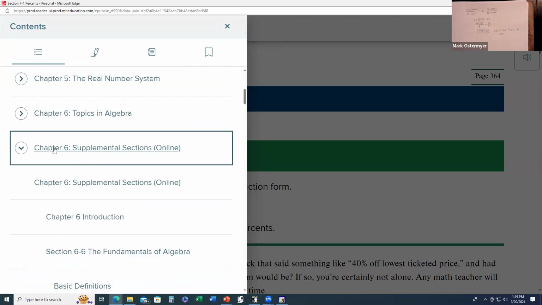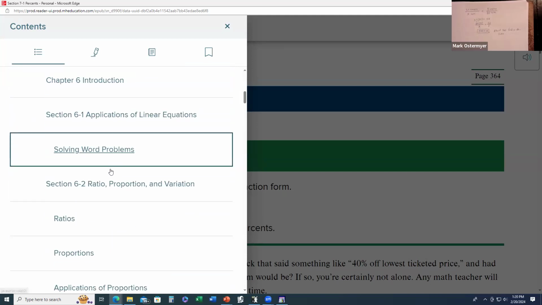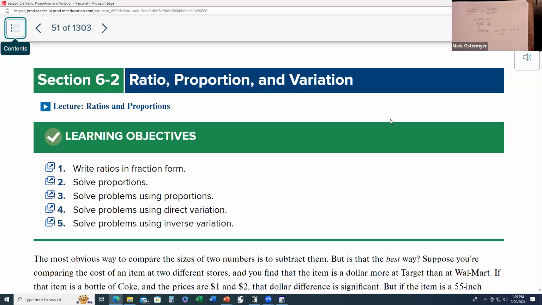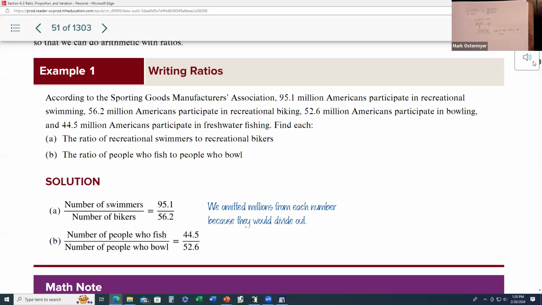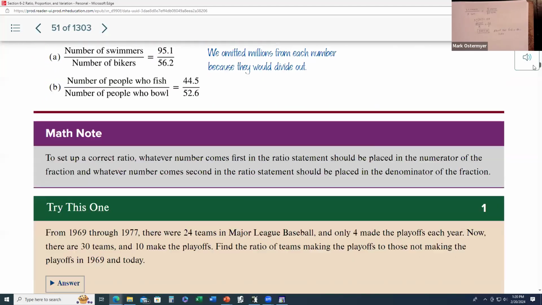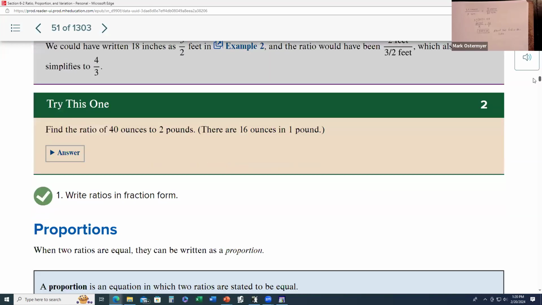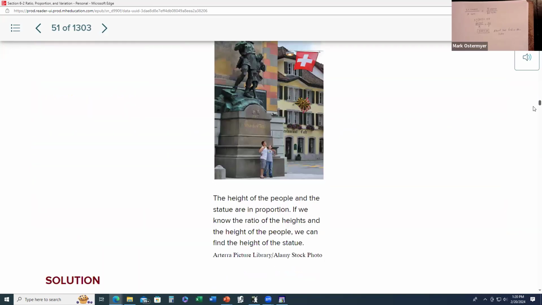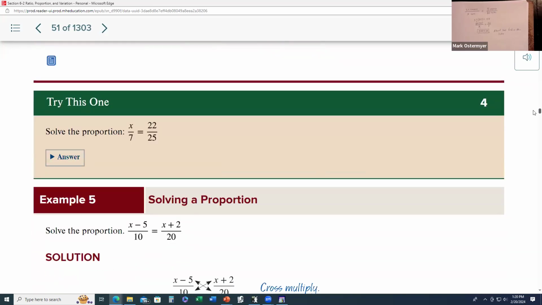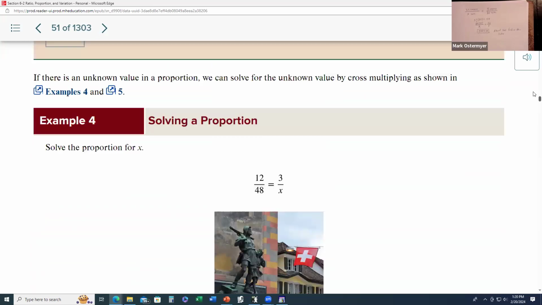Oh, here we go. Okay. And as always, feel free to look down through the section. They also give you some other examples that are worthwhile looking at. And I either have or will post a PowerPoint presentation on this section.